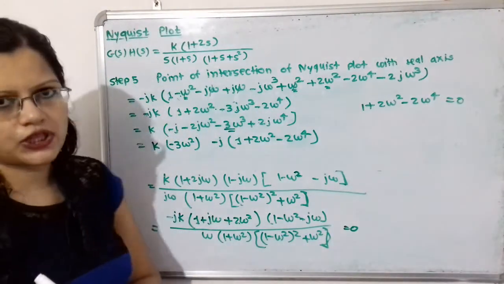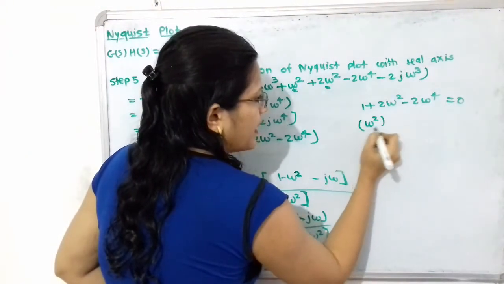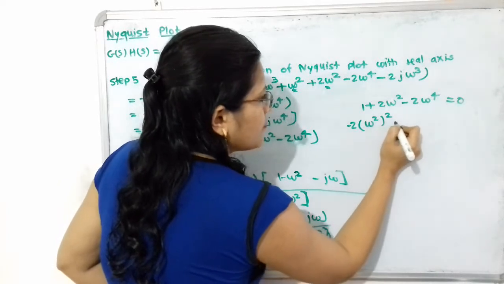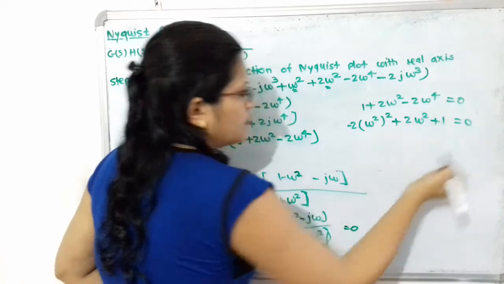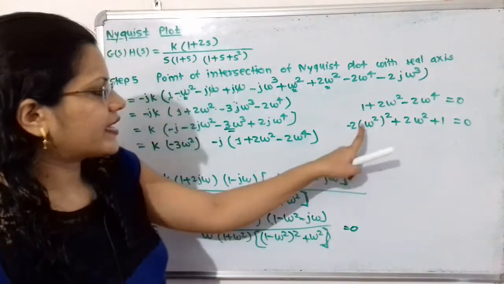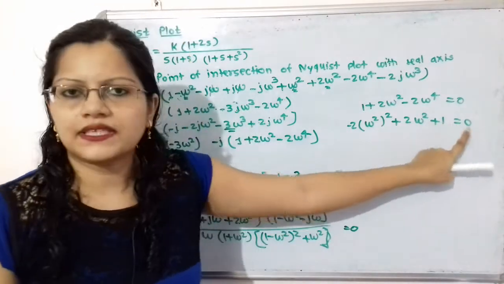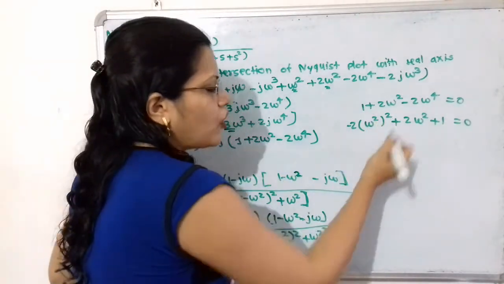Now I will solve this. I will rewrite this as minus 2 (omega square) whole square plus 2 omega square plus 1 is equal to 0. Now here a x square plus b x plus c, this is the form. So I will take this as a second order equation.